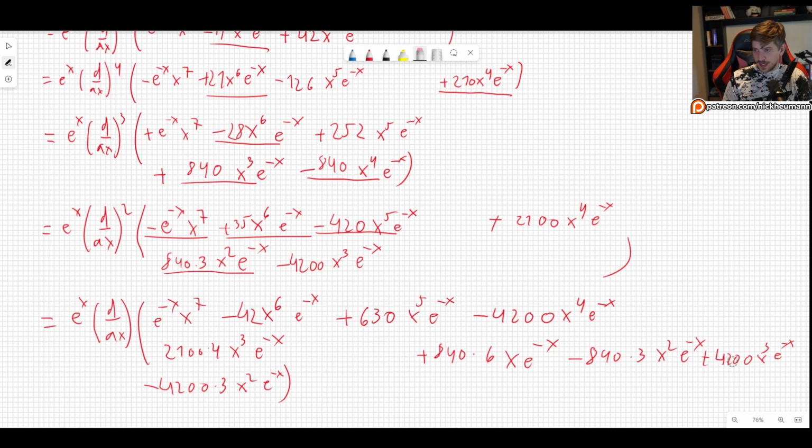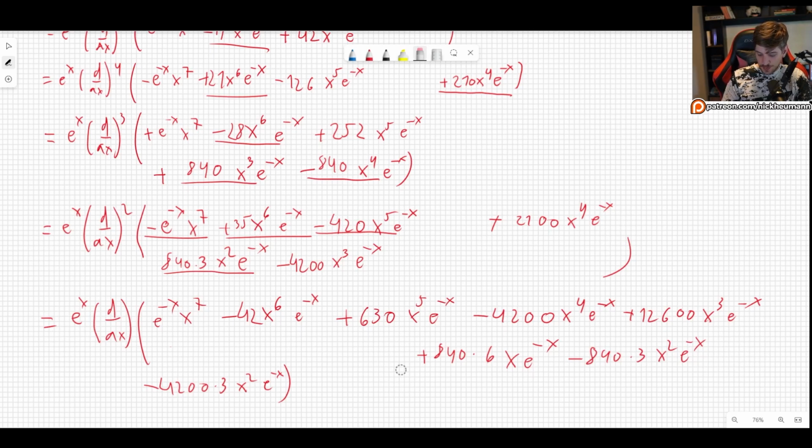Then we have the x cubed, which is 2,100 times 4 plus 4,200. That is 12,000, Jesus Christ, plus 12,600 x cubed e to the minus x. And then we have, okay, so this one I already considered. Then we have both of my x squares.